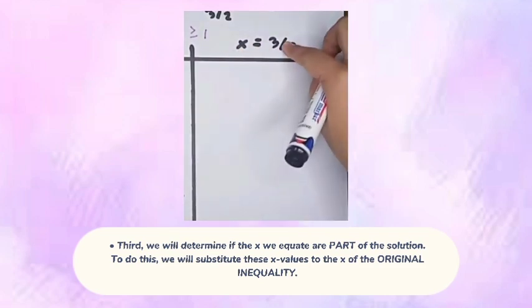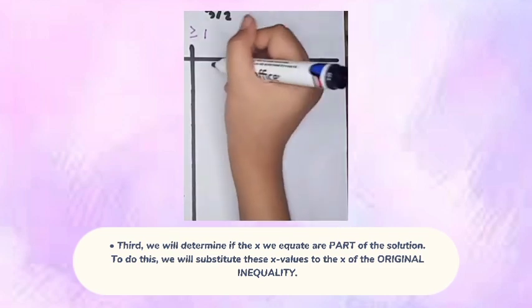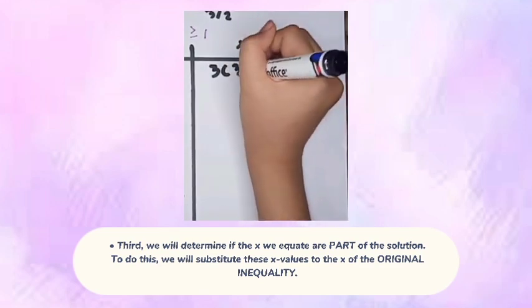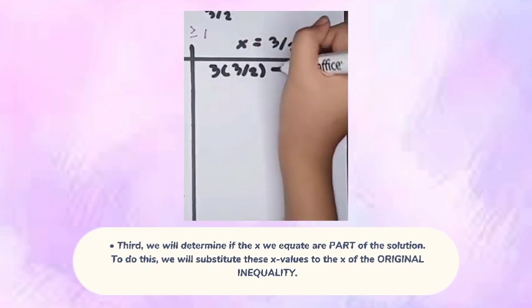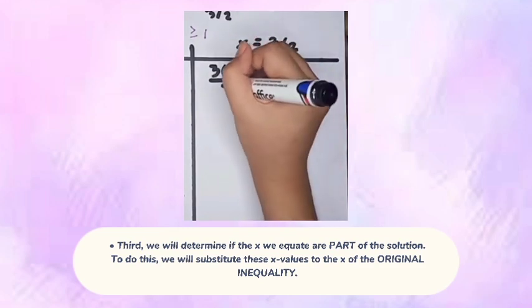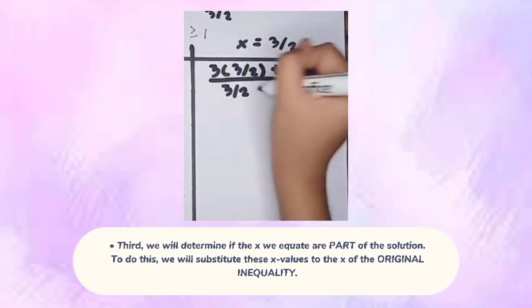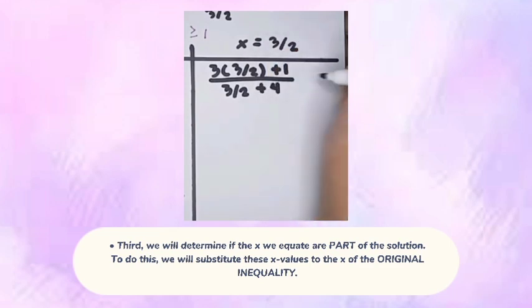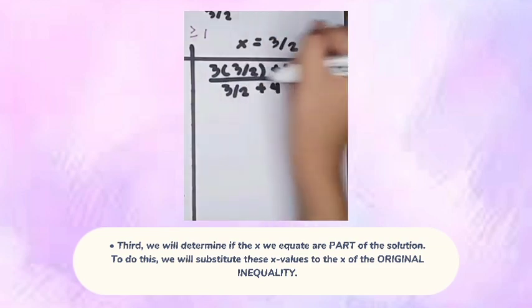So for x equal to 3 over 2, we have 3 times 3 over 2 plus 1 over 3 over 2 plus 4 greater than or equal to 1.